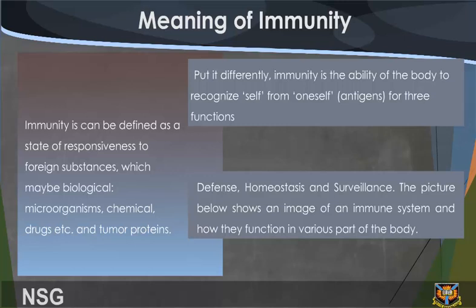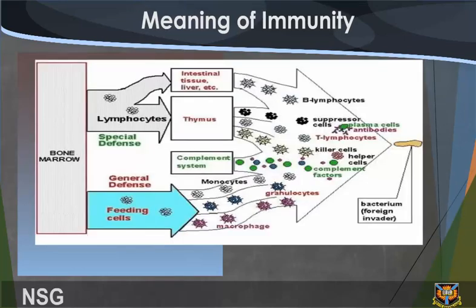Put differently, immunity is the ability of the body to recognize self from non-self antigens, for three functions: defense, homeostasis, and surveillance. The picture below shows an image of the immune system and how it functions in various parts of the body. See picture.